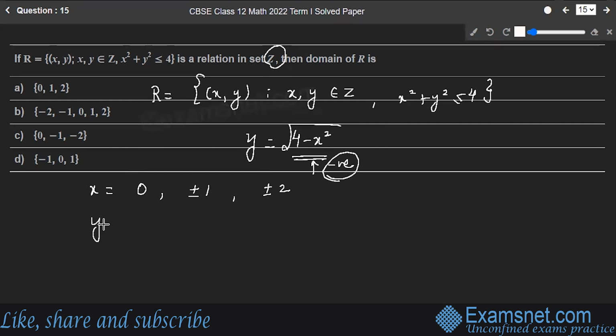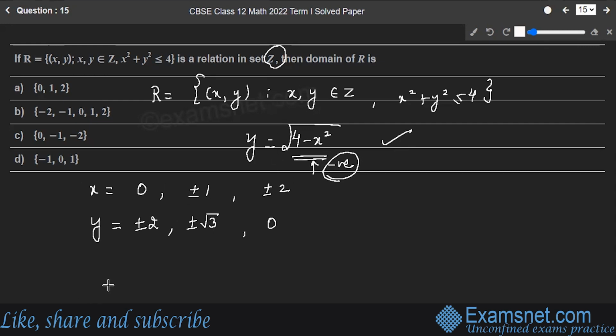When x is equal to 0, what will be the value of y? It will be plus minus 2. When x is equal to 1, the value of y will be plus minus root 3. And when x is equal to 2, the value of y will be equal to 0. I hope you got this from this equation. And higher values of x are not possible. That's it.